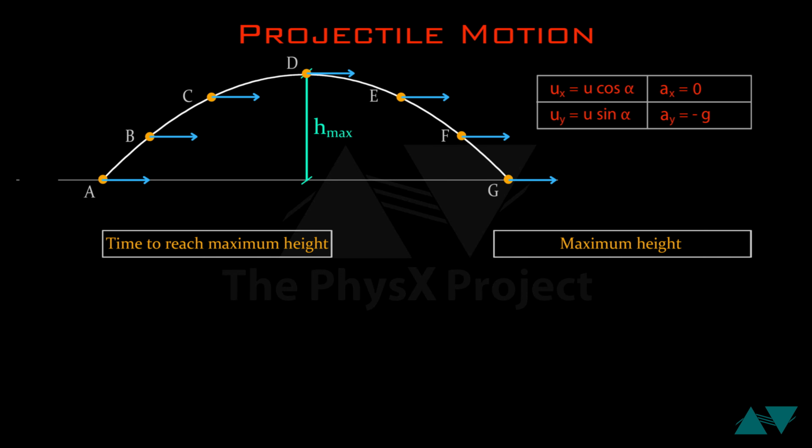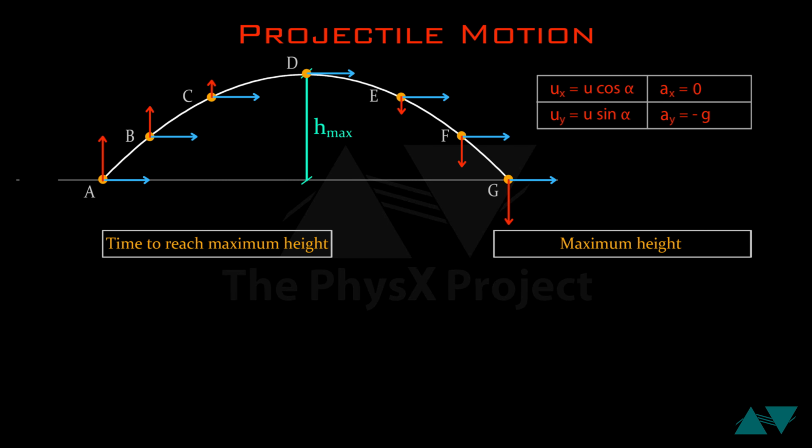But the vertical velocity component decreases for the first half of the journey and increases downward for the second half because of acceleration due to gravity. Its maximum height is when the vertical velocity component becomes 0, so it cannot ascend any further and starts descending. We will use this knowledge to find the equations.